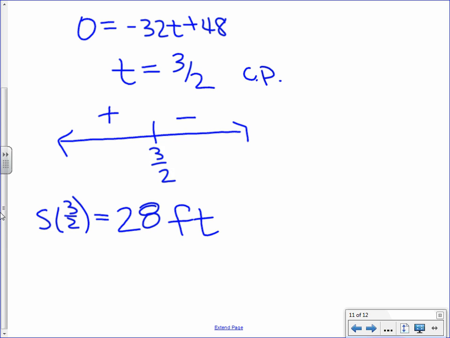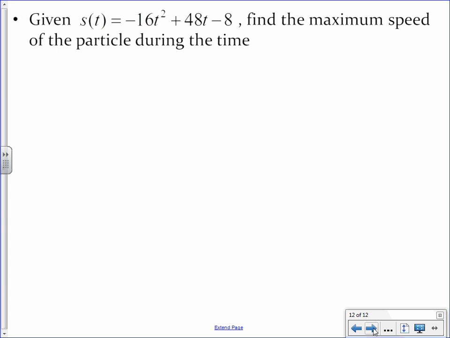Okay, last one. I want the maximum speed. How am I going to maximize speed? The derivative of what?